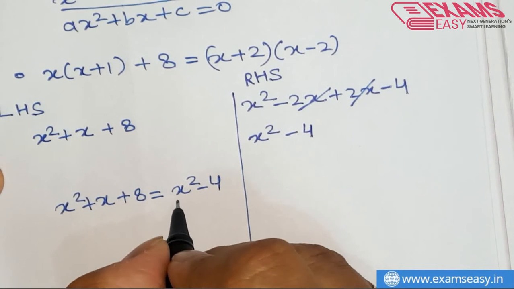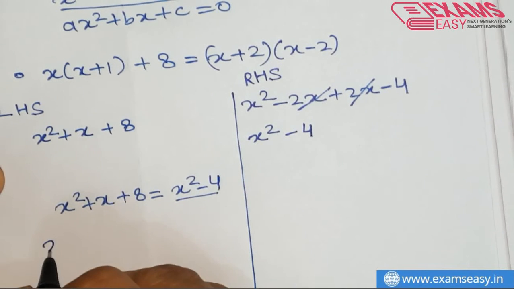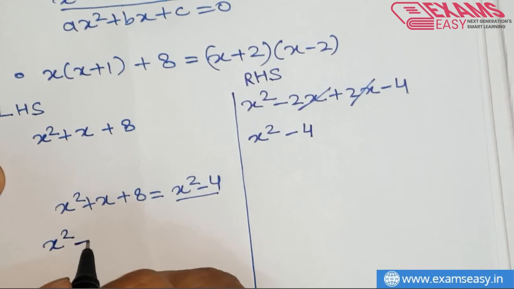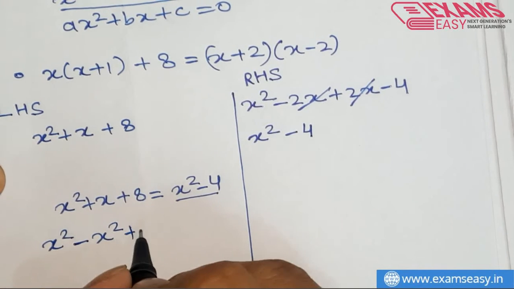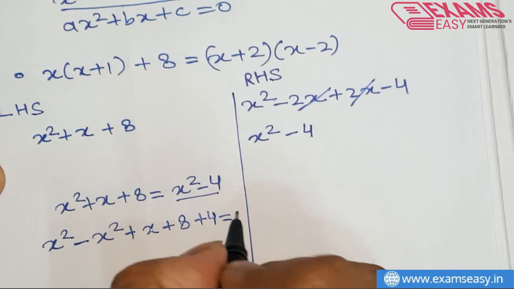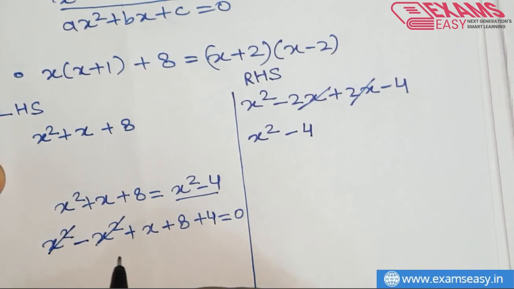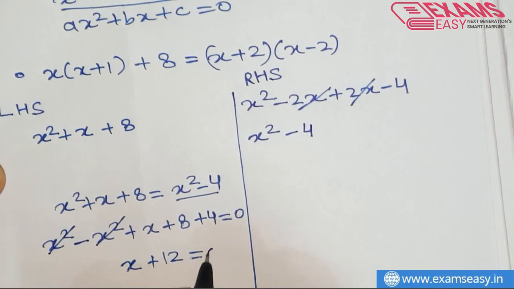Friends, if the right hand terms are brought to the left hand side, then it will become x square minus x square plus x plus 8 plus 4 is equals to 0. X square gets cancelled with x square, then we are left with x plus 12 is equals to 0.